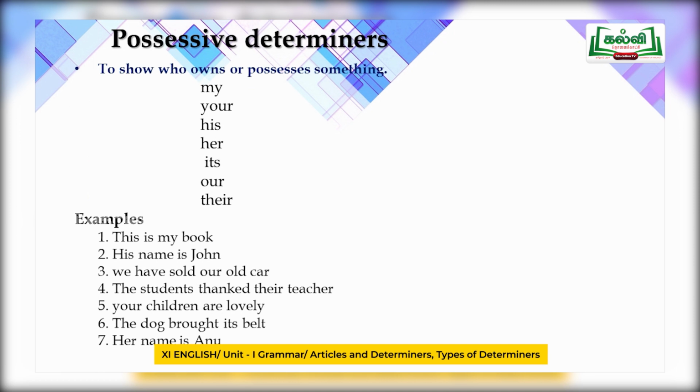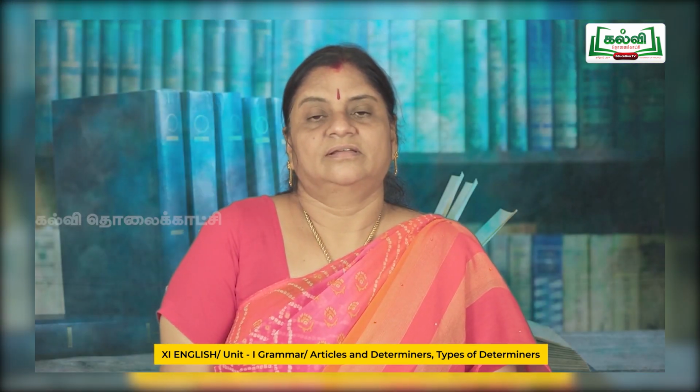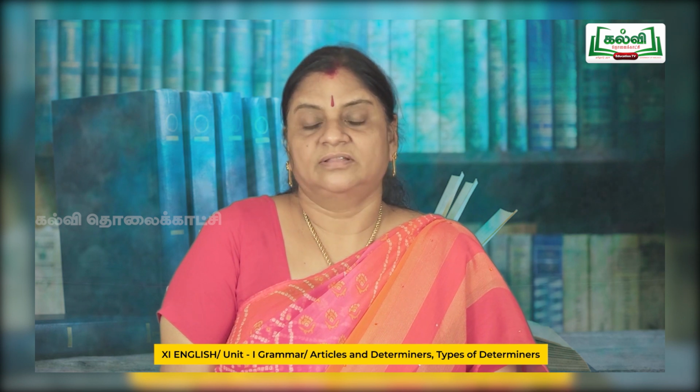His name is John. We have sold our car. The students thanked their children. Your children are lovely. The dog brought its belt. Her name is Anu. Here you can easily find out which are the possessive determiners.